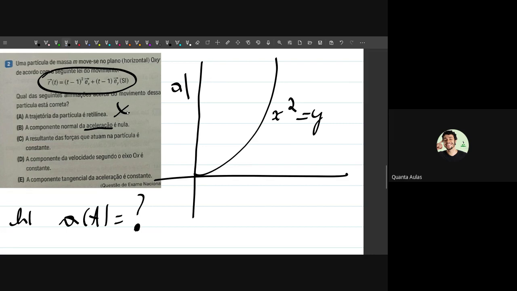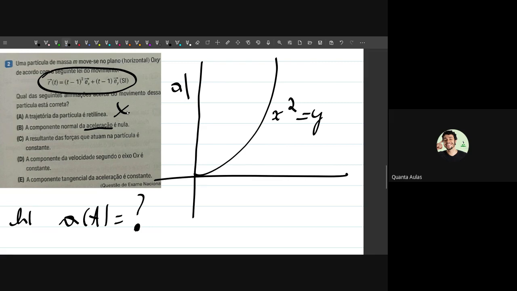Do you remember something? Acceleration formula. Yeah. I took it, but I don't remember it. You don't remember? Okay. So you need to use the derivatives.